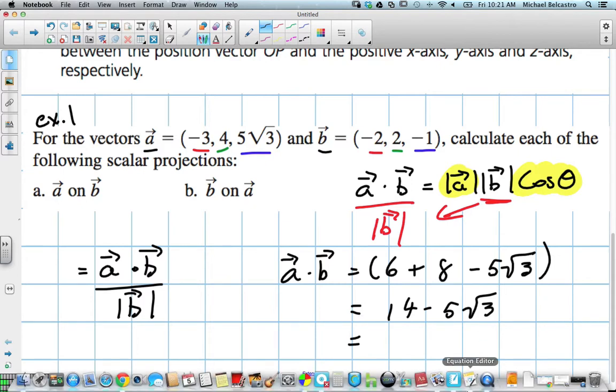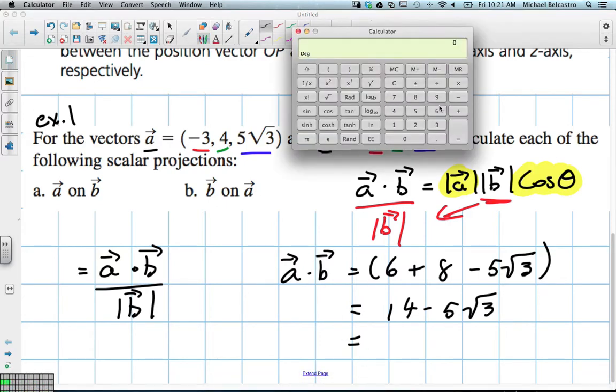We'll have to use a calculator to get this part. Root 3 times 5 is 8.66, 14 subtract 8.66 is 5.34.